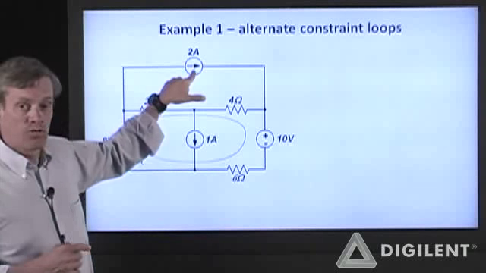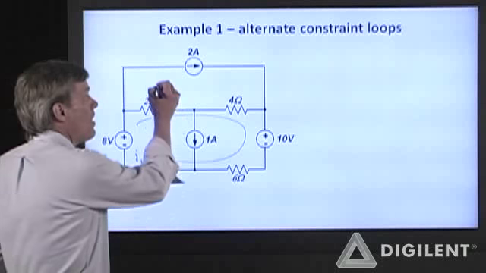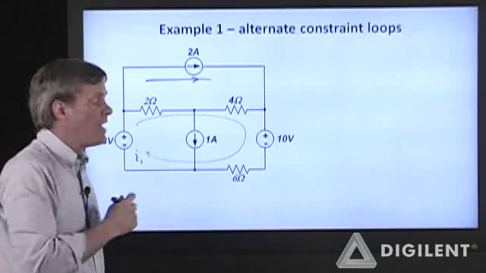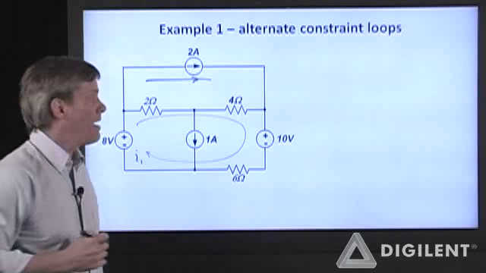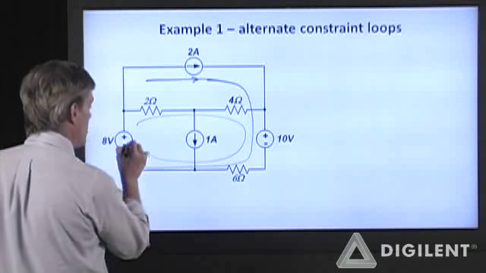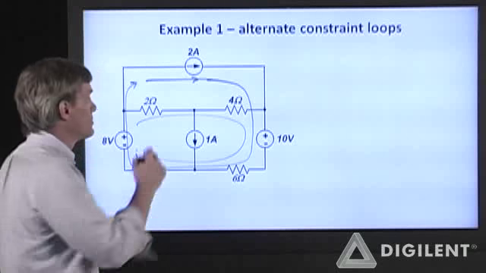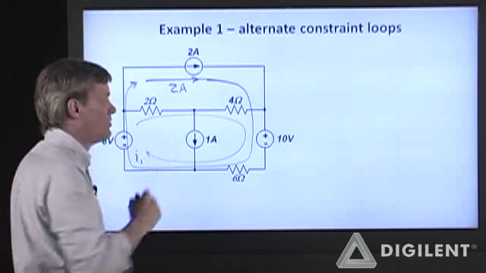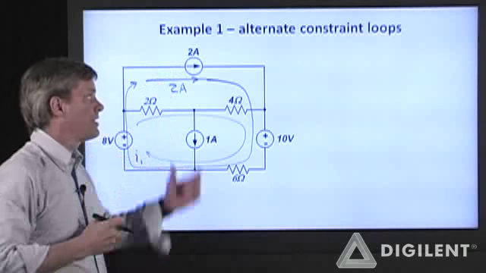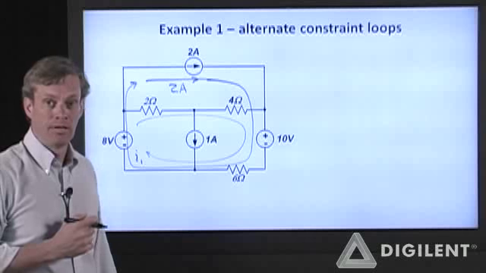However, if I look at this 2 amp current source and create a constrained current for this, all I need is that it's going from left to right up here and has an amplitude of 2 amps. Let's make this constrained current go all the way around this loop. So this is a constrained current. It is 2 amps. It comes back to where it started, and it agrees with the magnitude and direction of the current source that it goes through.